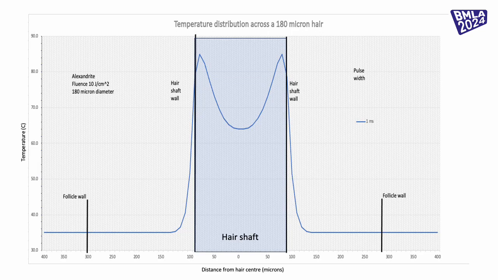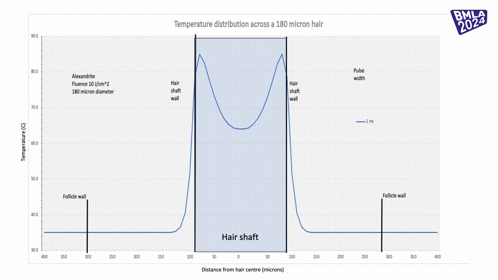Well, this shows the temperature profile at the end of a 1 millisecond pulse for an alexandrite laser, again with a 10 joules per square centimeter incident fluence on the melanin. And this is in a 180 micron hair diameter. I don't know why I changed from 200 to 180, I just did.